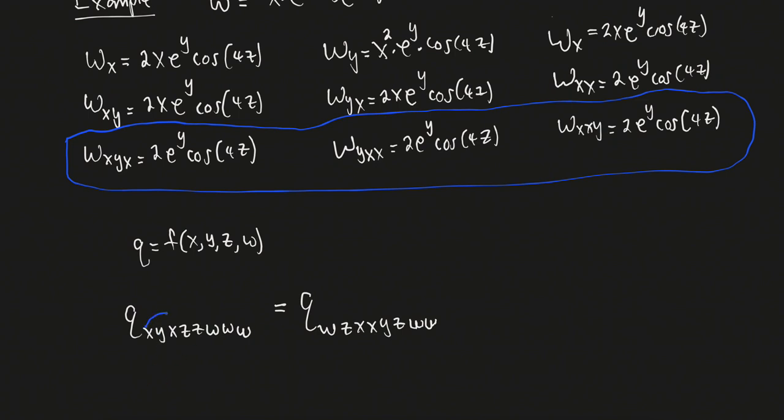As long as I have two x's, which I have right here, as long as I have two z's, which I have right here, as long as I have a single y, so there and there, and as long as I have three w's, there, and there and there, as long as I differentiate with respect to each of my variables the same number of times, it's not the order, so it's not the timing that's the issue.